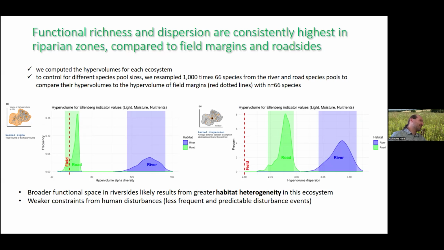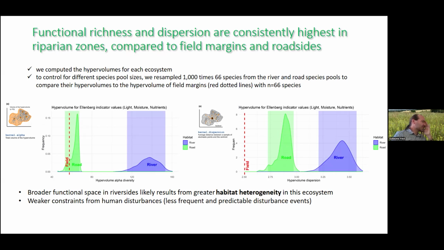The first corresponds to the functional richness, which is the volume of the hypervolume, on the left, and on the right, it's the functional dispersion. It's the average distance between a sample of species in the hypervolume and the centroid of the hypervolume. So it's more about the even distribution of species within the hypervolume.